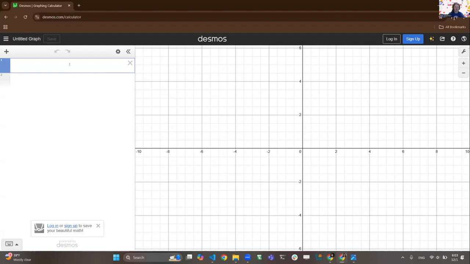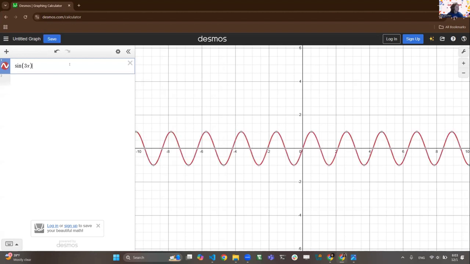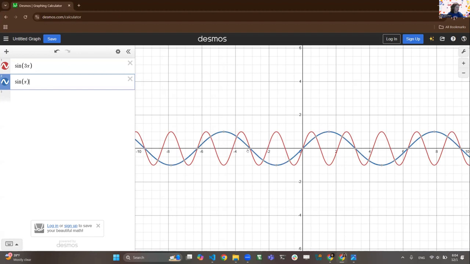So let's say we had f of x being sine of 3x, as opposed to sine of x. You may notice that the amplitude, so the distance from the axis, stays the same, but the period is different, right? The period is how many, I guess, squiggles pass.